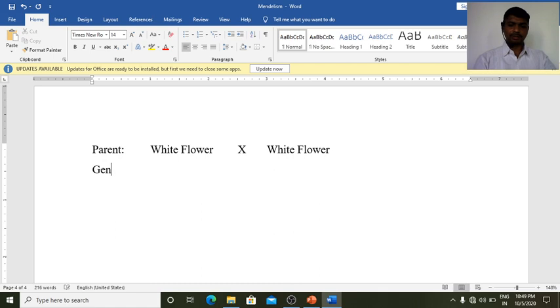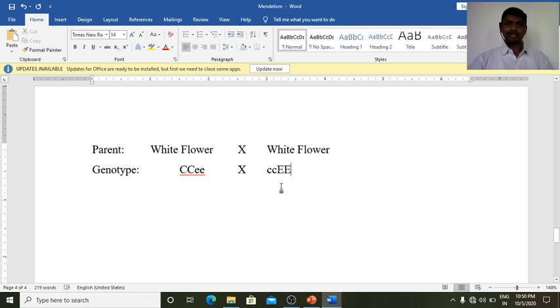Now the genotype. What is the genotype here? We know that white flower is because of the presence of one dominant gene only, or one dominant allele only. So here we write capital C, small e, that has been crossed with a genotype small c, capital E. So in both the parents, one dominant allele is lacking.